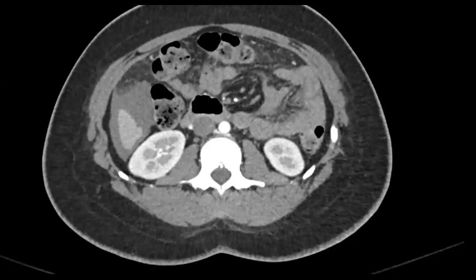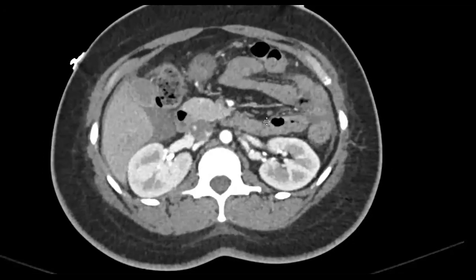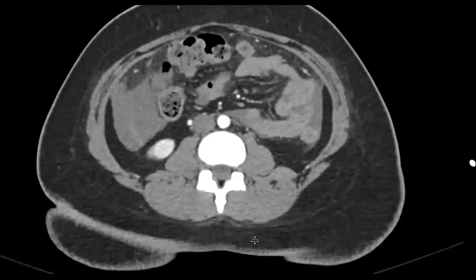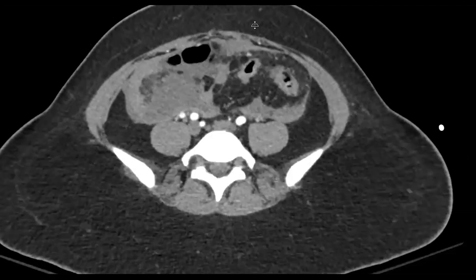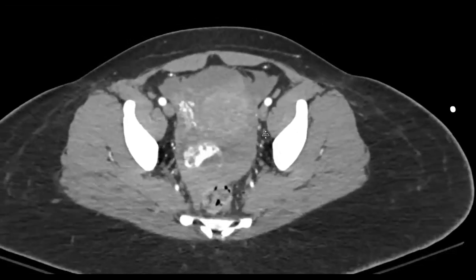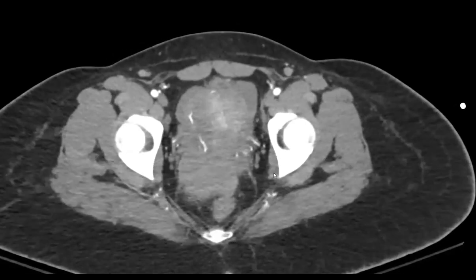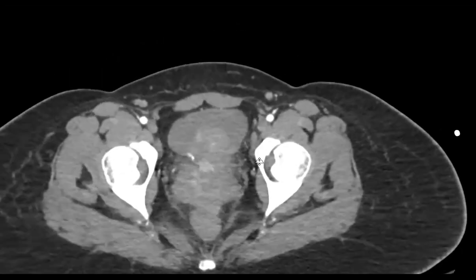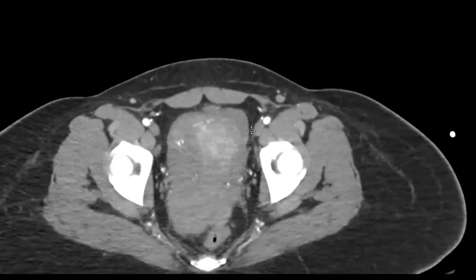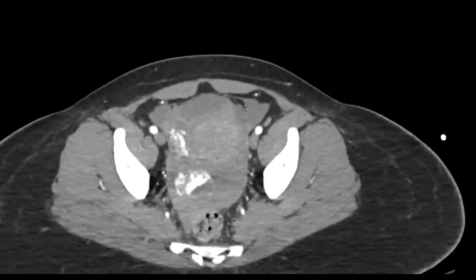So this was a young female who presented with lightheadedness and abdominal pain. Hemoperitoneum. Yes, large volume hemoperitoneum. An active extravasation from the right adnexa, like maybe an ectopic or a hemorrhagic cyst.